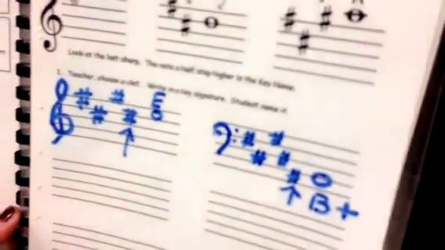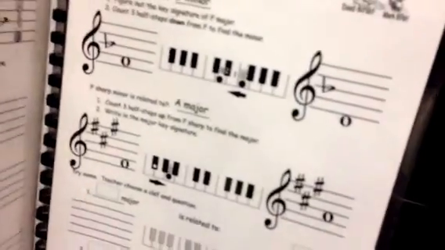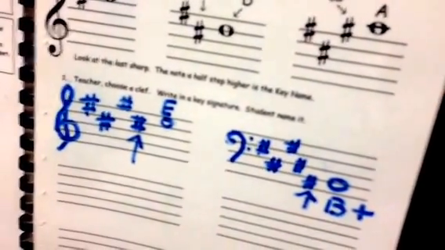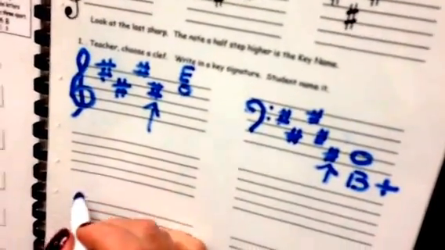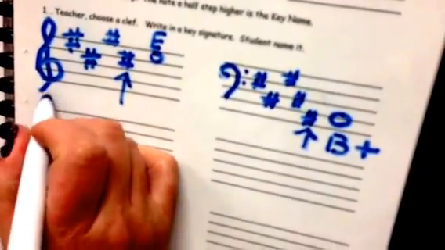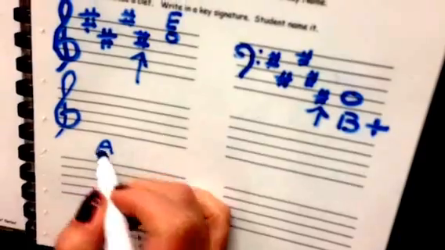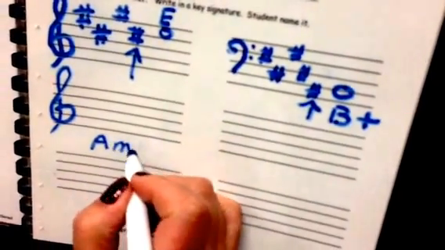Okay, now the other thing is, what if you're being asked, what key am I in? So for instance, let's take A major. We're going to draw a treble clef, and they want you to draw the key signature for A major. How would you do that? So we're going to go backwards.